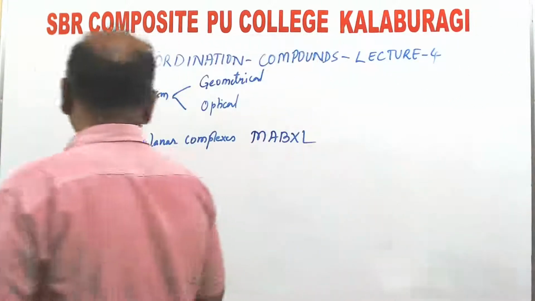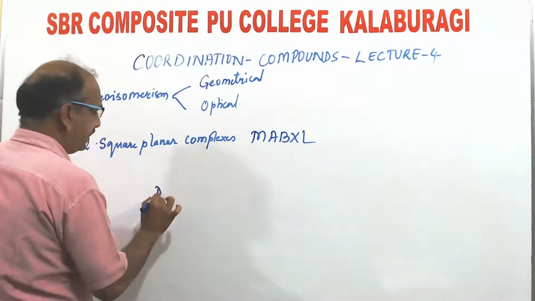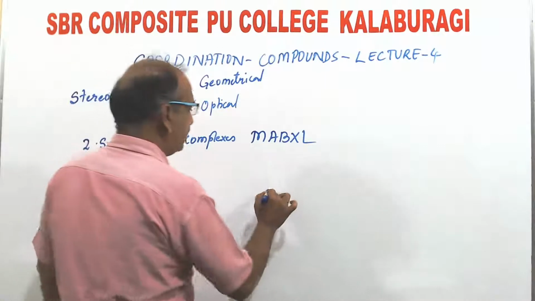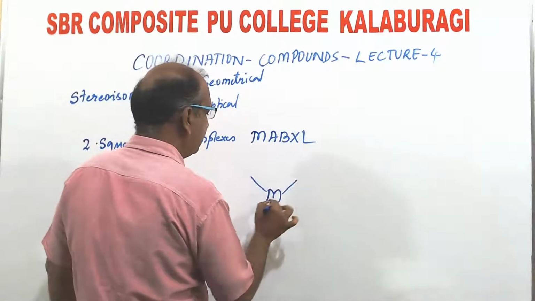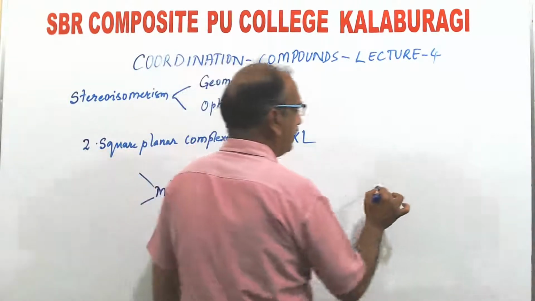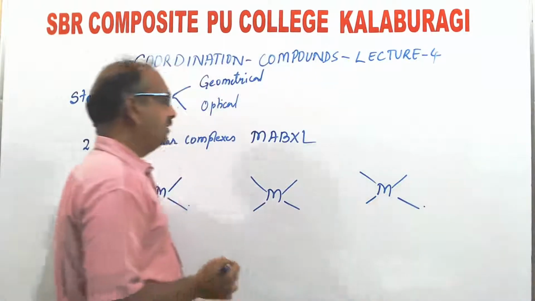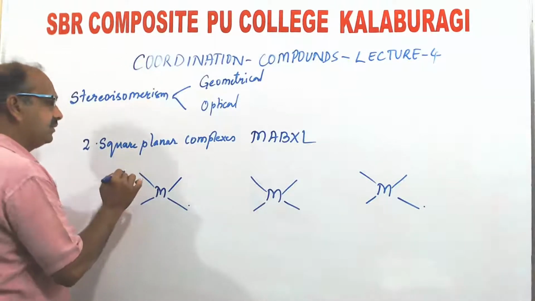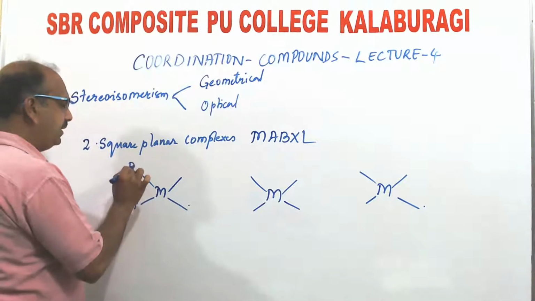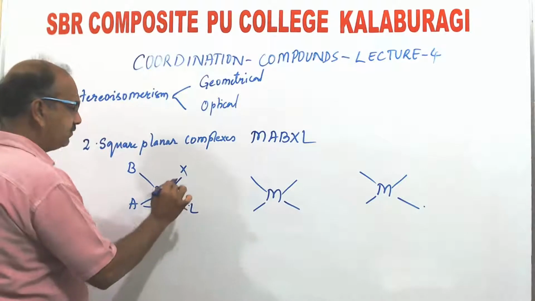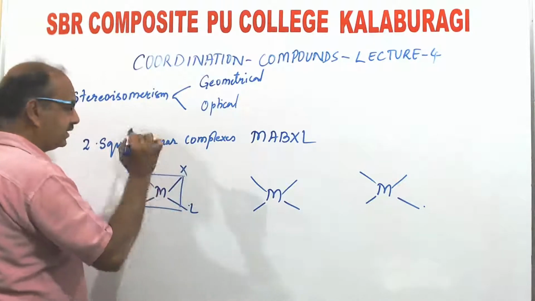Then change their positions, with the metal atom in the center. You can take all the three. All these three will be isomers to one another. Now here you take this as A, B, then X and L. So this forms a square planar complex like this.